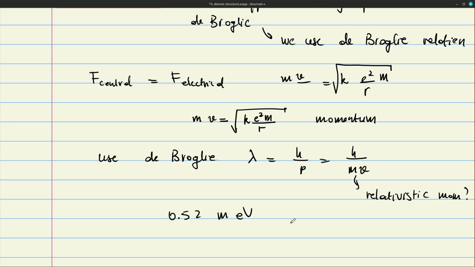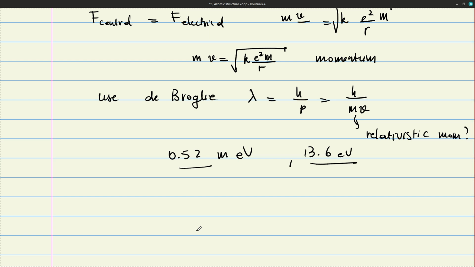So in atomic physics, we have 13.6 eV. This is much, much smaller than that, so we can forget about relativity. In atomic physics, we can use classical momentum. So the answer is non-relativistic momentum is sufficient.